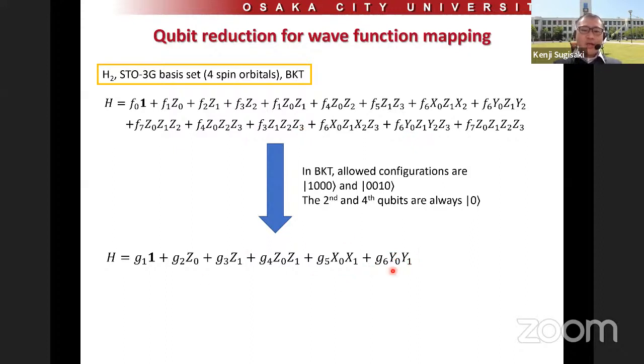Here I would like to generalize this approach, because this is just a particular case of the hydrogen molecule with the STO-3G basis. So I would like to generalize this approach to make it applicable to any molecular system.